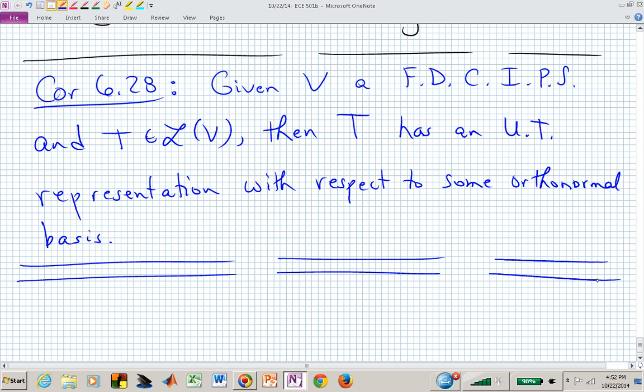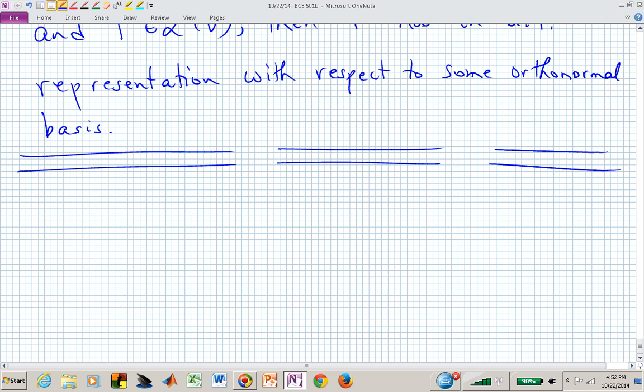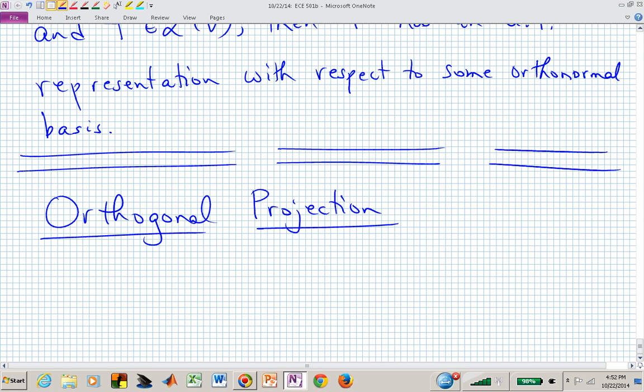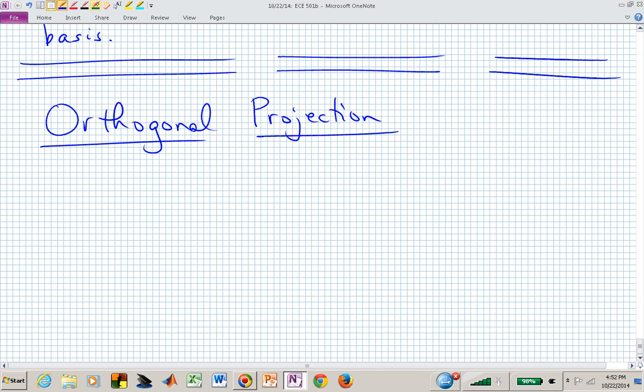Let's now use some of these orthogonality concepts to talk about orthogonal projection. Suppose somebody gives you a U, which is just a subset.